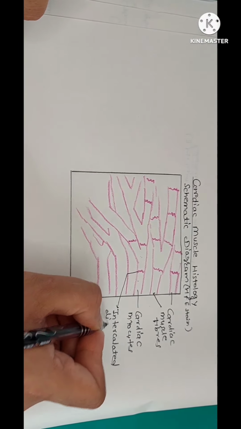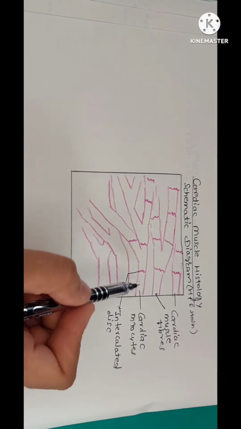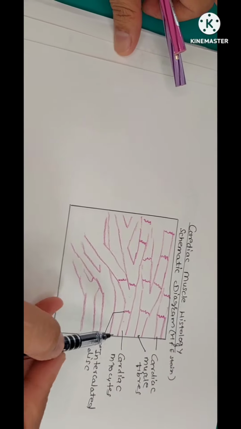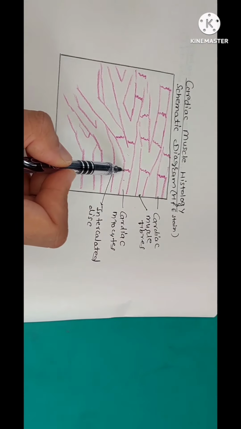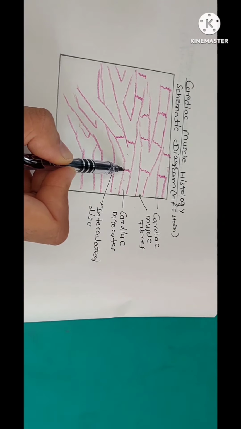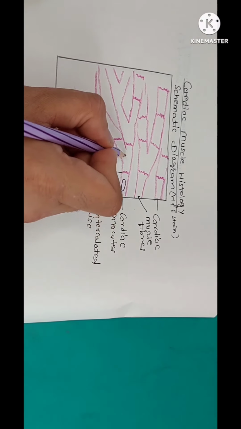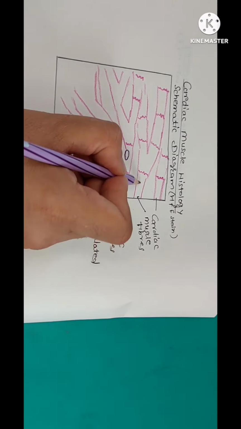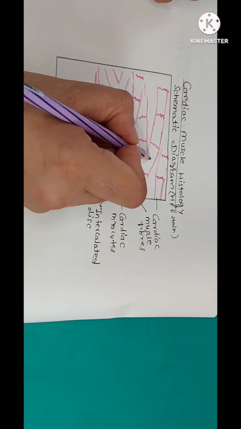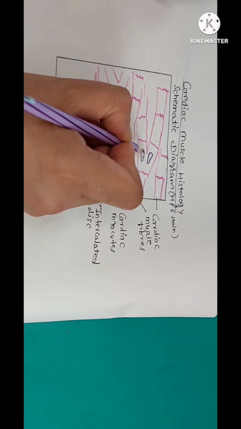These intercalated discs appear as a dark transverse line, which is not strictly transverse but shows a zigzag or step ladder pattern. Now these are the nuclei of cardiac myocytes, which are centrally placed, large and oval.